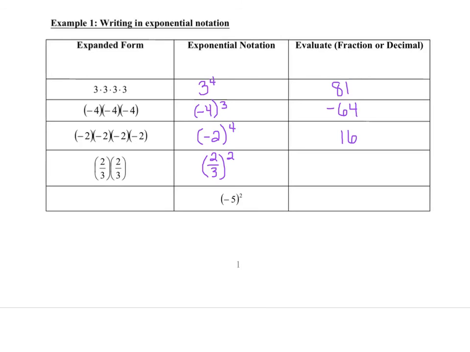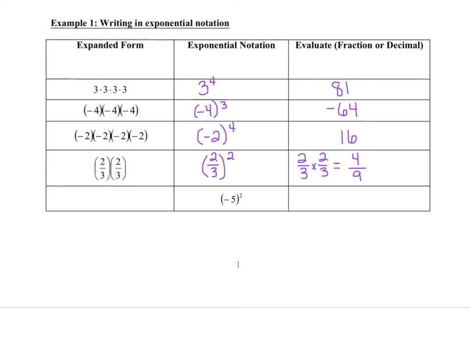Now to multiply fractions, you're going to say 2/3 times 2/3, and we multiply across. 2 times 2 gives us 4, and 3 times 3 gives us 9. Can that be simplified? No, so 4/9 is your answer.